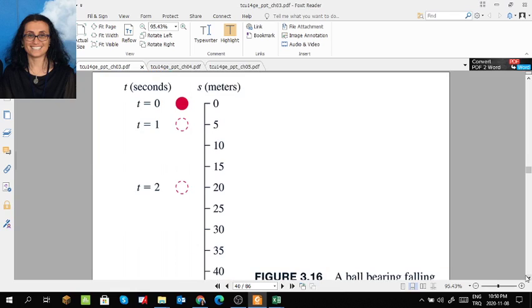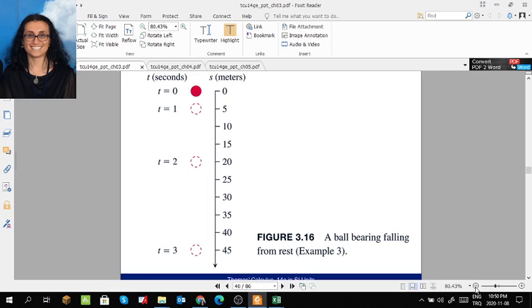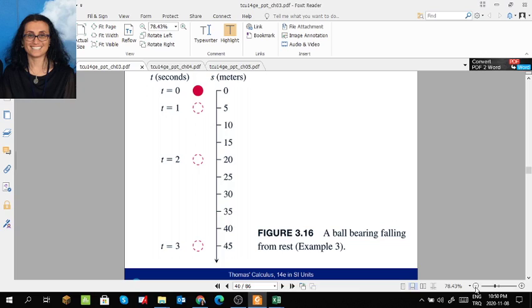Okay, so let's look at this example. Let's say at time t equals 0, we are dropping a ball from 45 meters high. A ball bearing is falling down from rest, and it shows the motion of that ball.